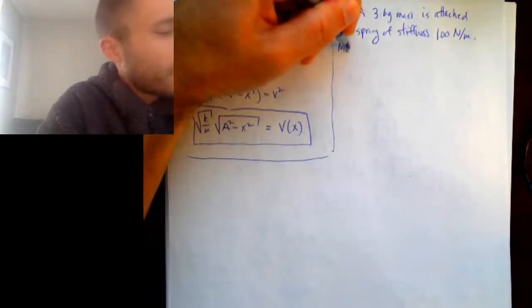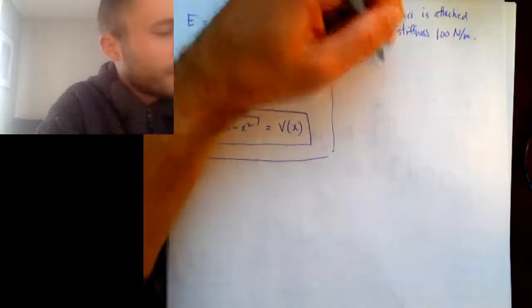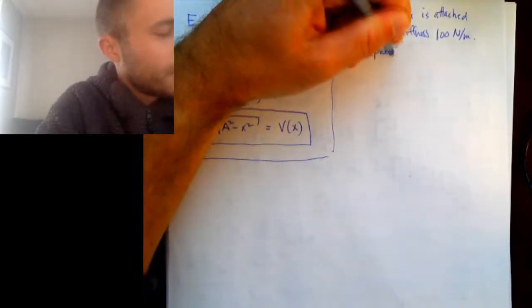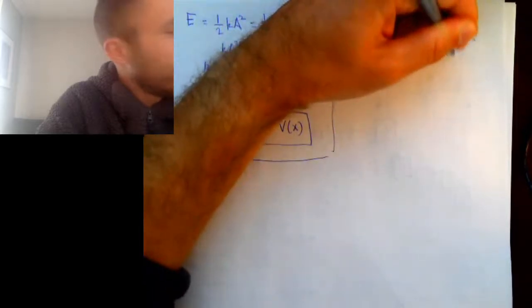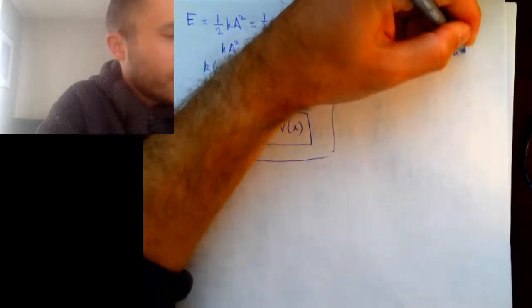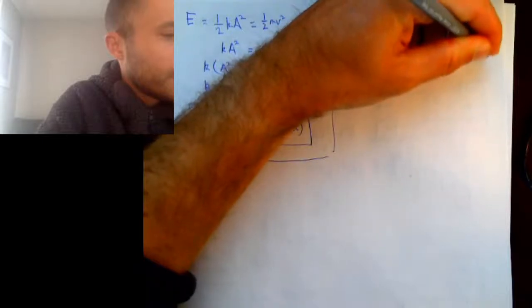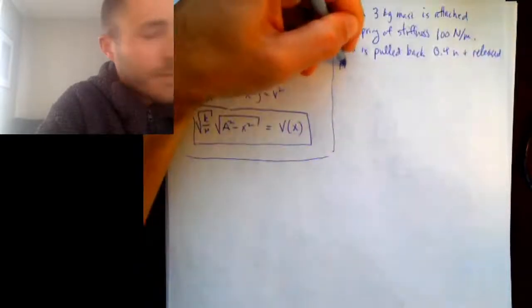The mass is pulled back 0.4 meters and released from rest.